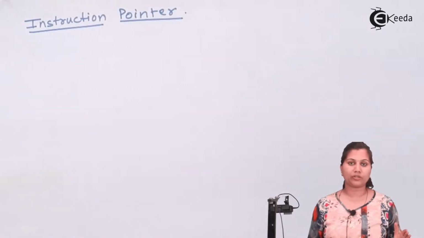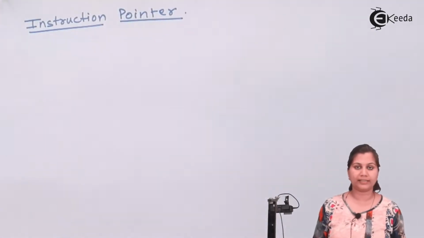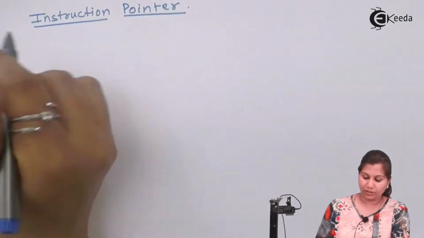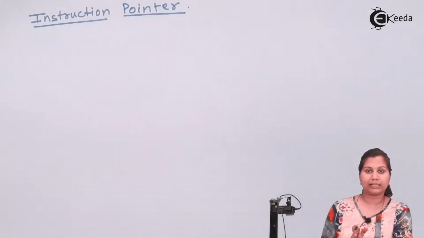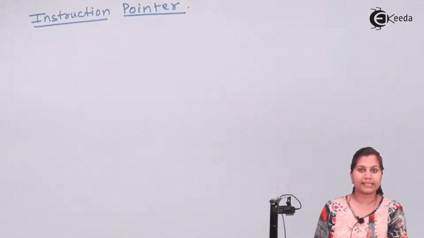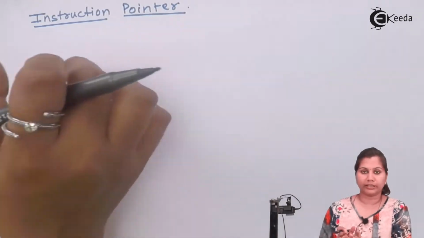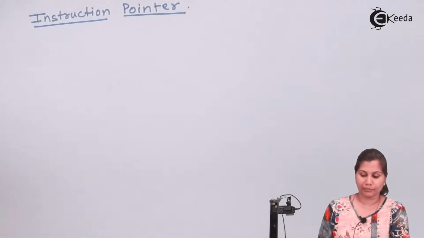The instruction pointer points towards the instruction which is currently executed. It mainly contains the address of the escape instruction. It is a 32-bit instruction pointer.